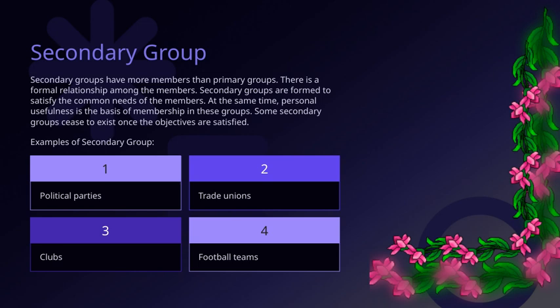These groups are more structured and goal-oriented compared to primary groups, which tend to be more about personal connections and emotional bonds. Understanding secondary groups helps us see how larger, more organized groups function within society to fulfill specific needs, all while connecting to the broader theme of social organization and human interaction.